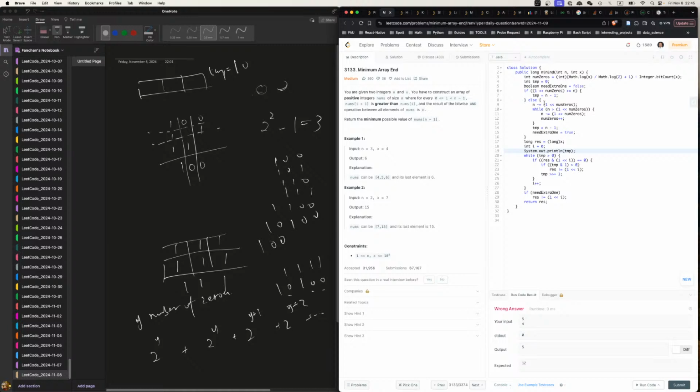N equal to 1, which means it is 1. Huh. Temp is 0. That is correct. Temp is 0. Right? Temp is 0. Yes. And we don't do this. And we need an extra 1. That is the problem. Where the extra 1 should be. Right? Where the extra 1 should be. Ooh.